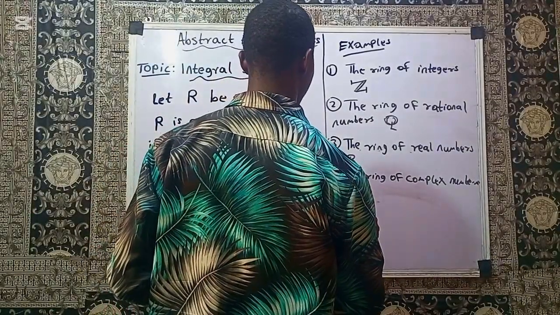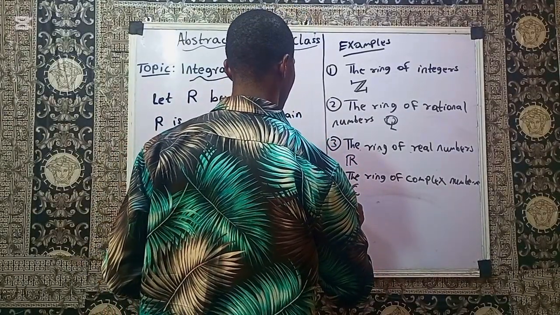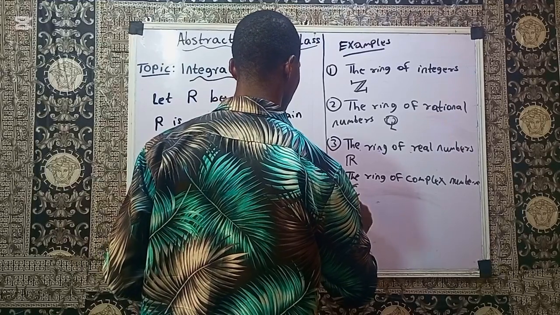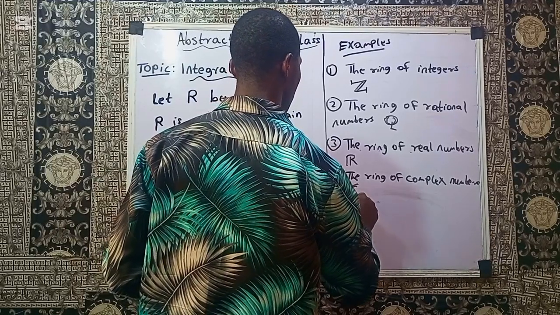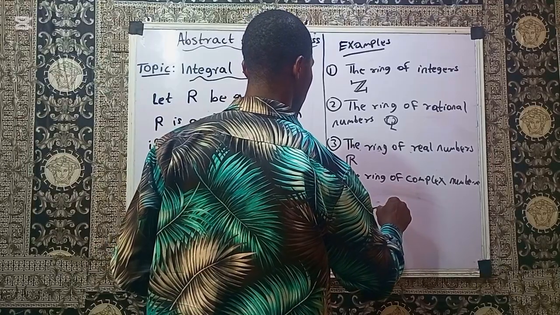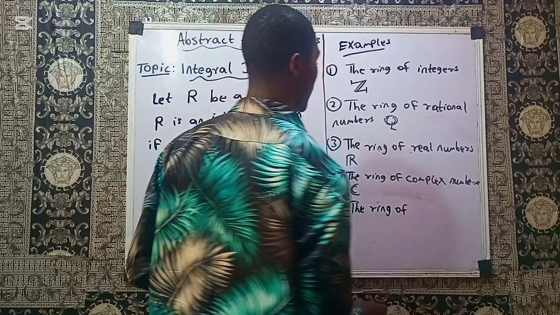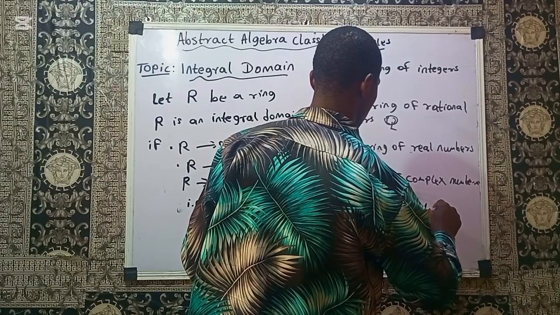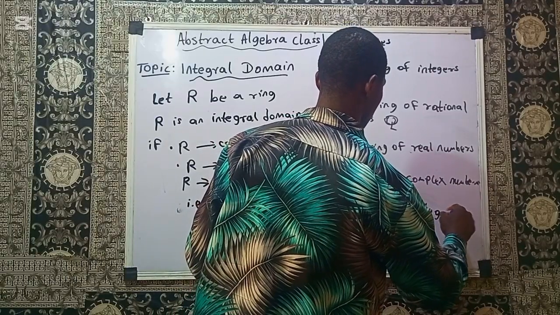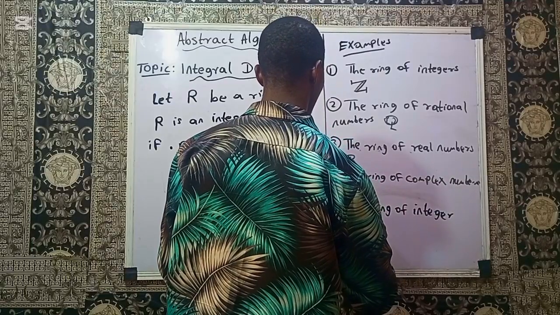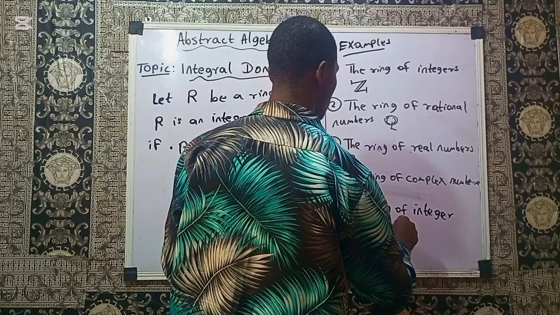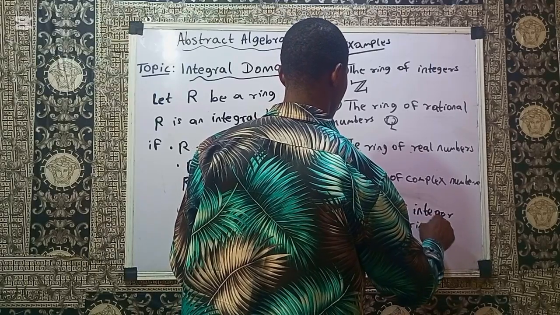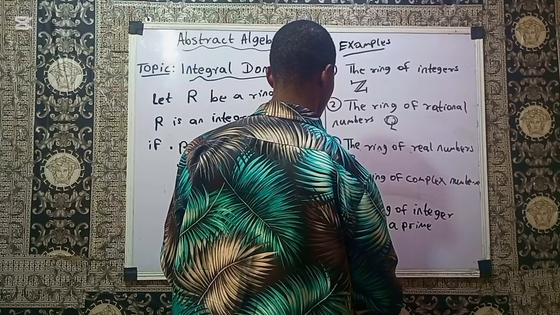So what of the ring of, let's consider number 5. The ring of integers modulo a prime, which is ZP.